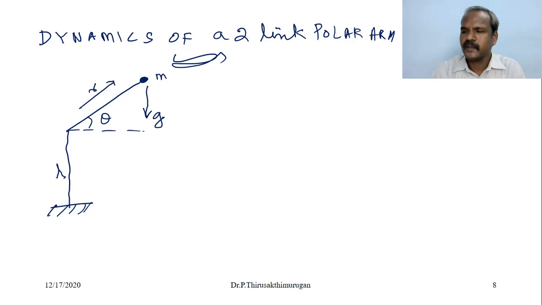Clear? So the dynamics of the polar arm, for the prismatic or revolute or planar, planar already discussed. To determine the dynamics, we need the joint variables and joint velocities. For this the joint q equals theta, r, and q dot equals theta dot, r dot. This is the joint variable and this is the joint velocity.